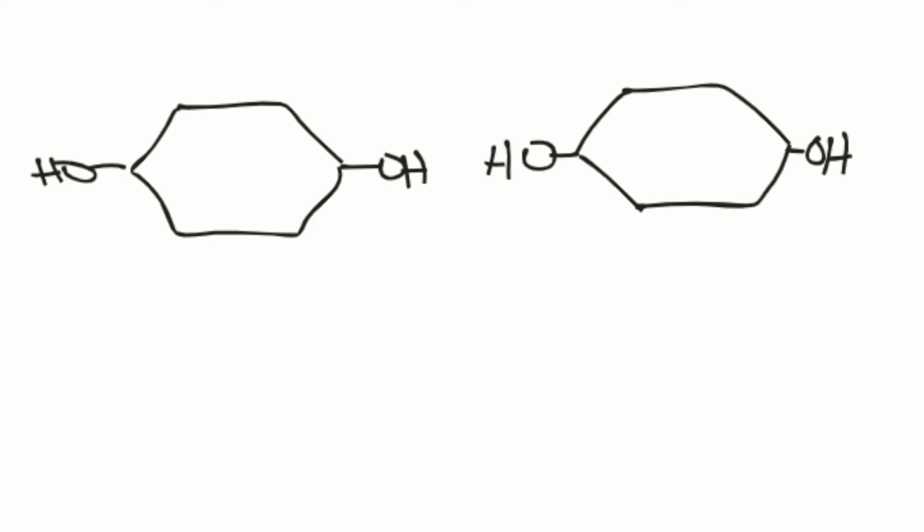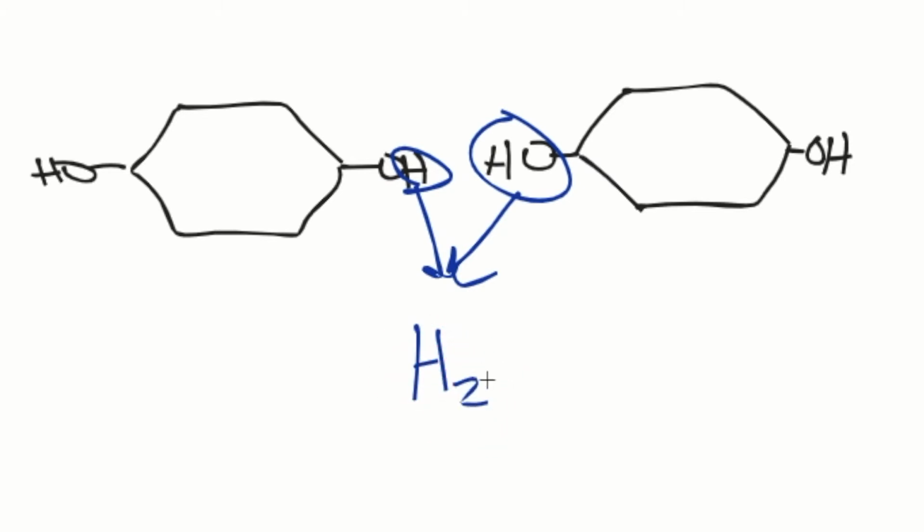And what can happen is that this hydrogen will come off, and this OH will come off and join together to make water. So we have this hydrogen here and that OH here, and now we have two hydrogens and an oxygen, which makes water. So a water is being removed.